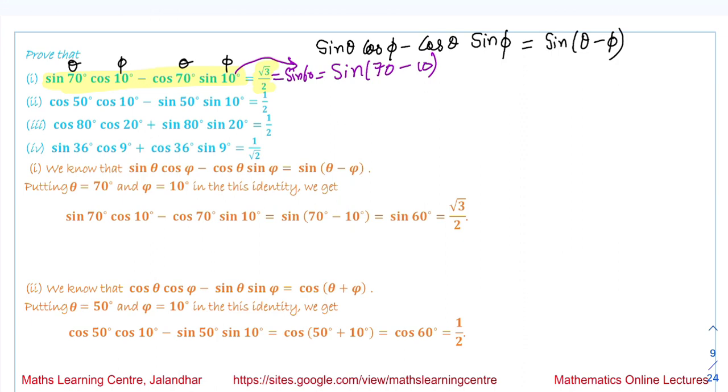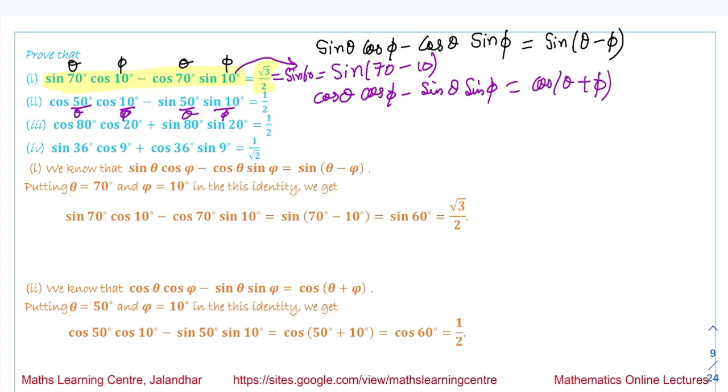In the second part, if we consider 50 as theta and 10 as phi, this is basically the formula cos theta cos phi minus sine theta sine phi, and we know that this is the formula for cos of theta plus phi.